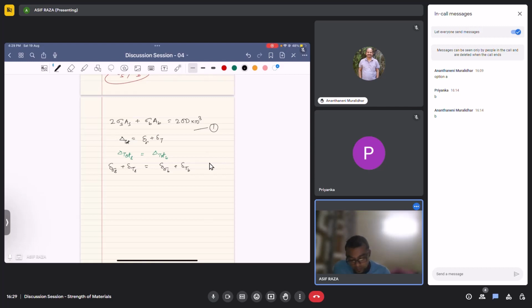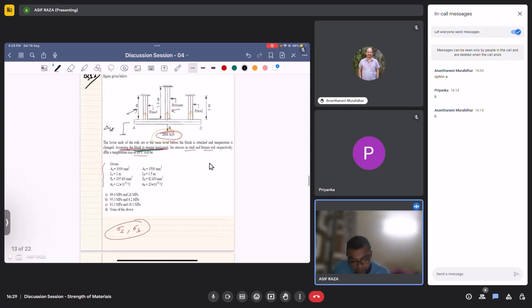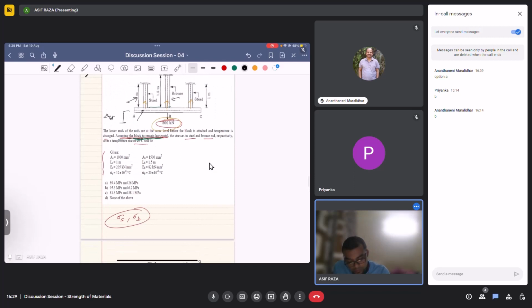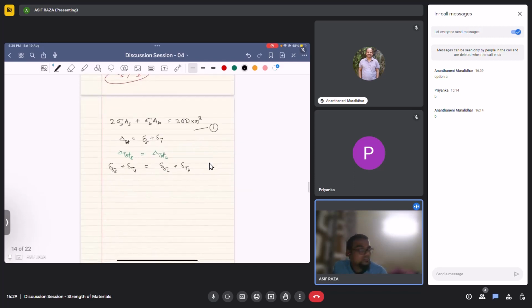Now what would be the extension due to stress? It's sigma s upon Es times Ls, right?